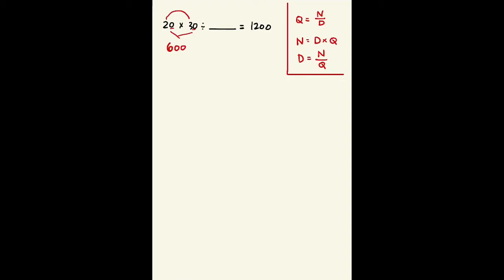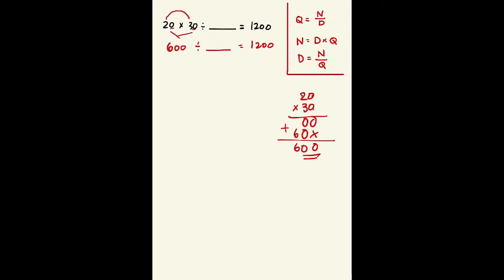If you don't understand why that's the case, just multiply over here. 0 times 0 is 0, 0 times 2 is 0. Put your placeholder, 3 times 0 is 0, 3 times 2 is 6. So 0, 0, 6. That's why it's 600. Divided by something equals 1,200.